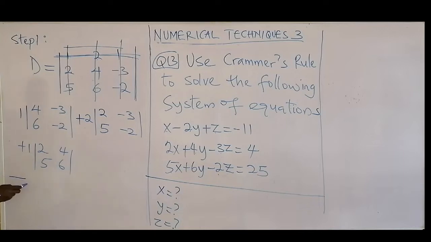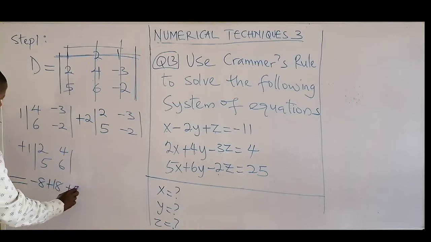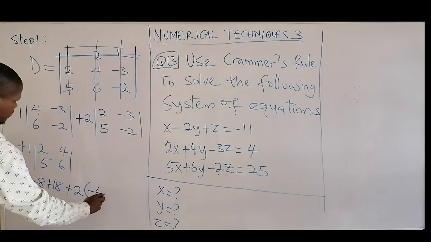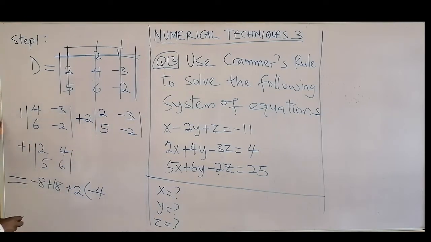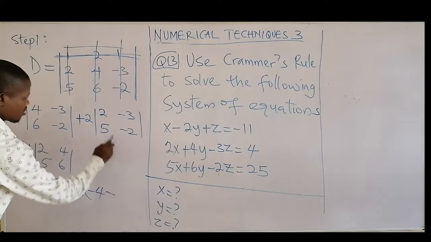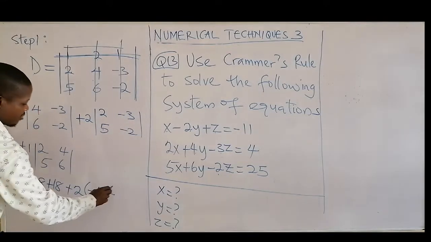So this will be equal to this one times this one, -8, minus 18. That will become plus 18. Then plus 2 into brackets, -4. Now this one times this one, that's -4. Then minus this one times this one, -15, becomes +15.